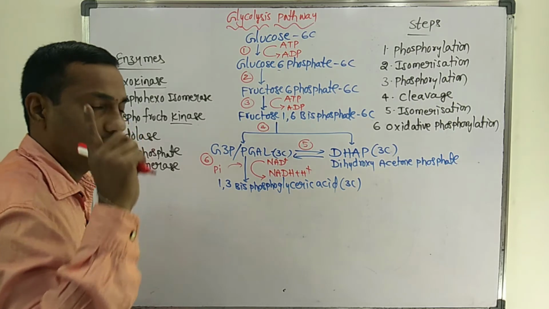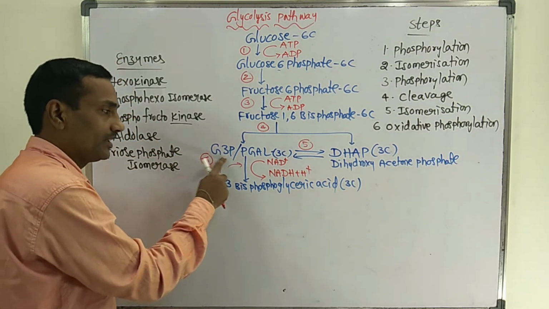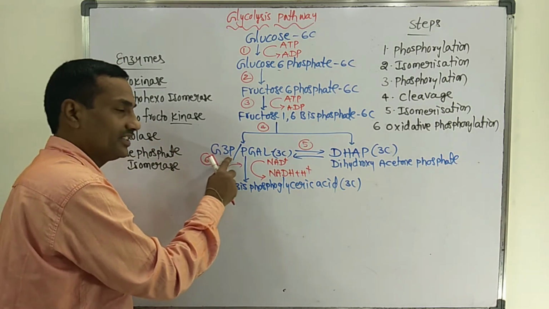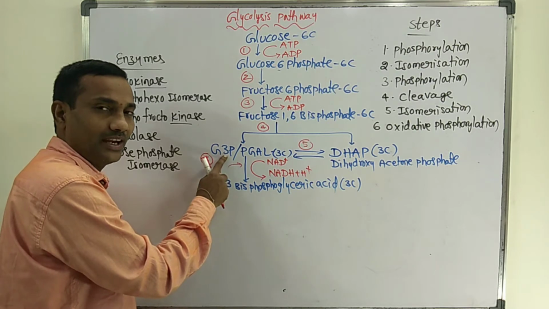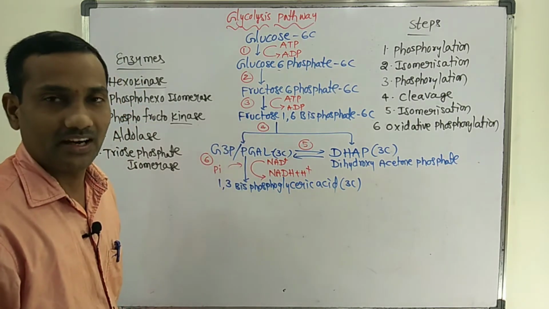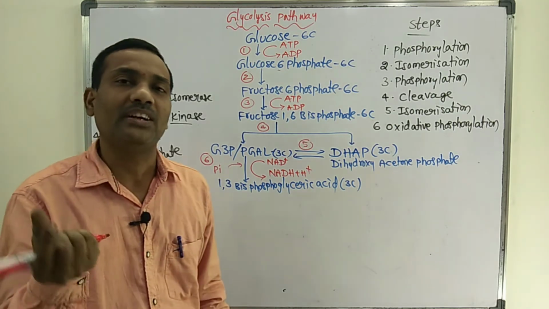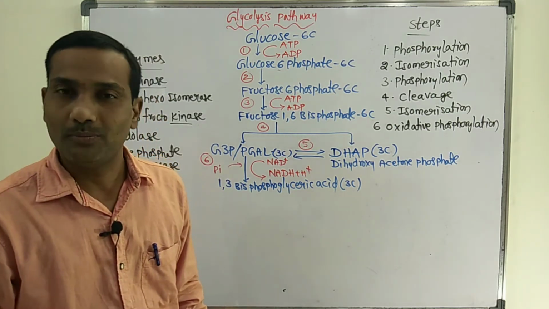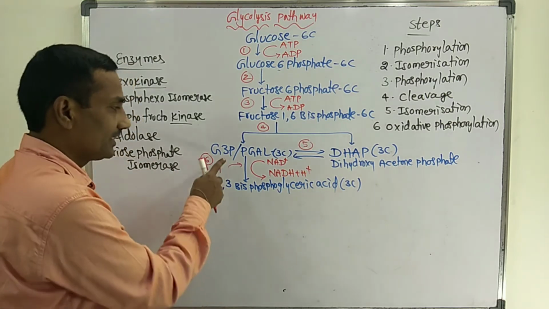But here an oxidation process is occurring. G3P enters into the oxidation, and this NAD plus enters into the reduction. If one compound reduces, the other compound automatically oxidizes.